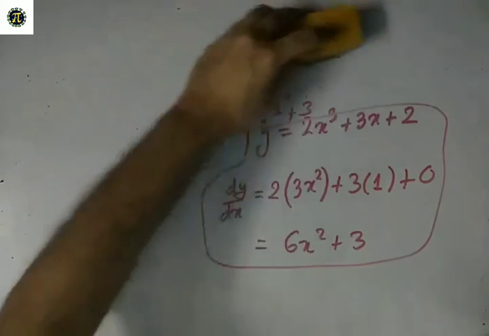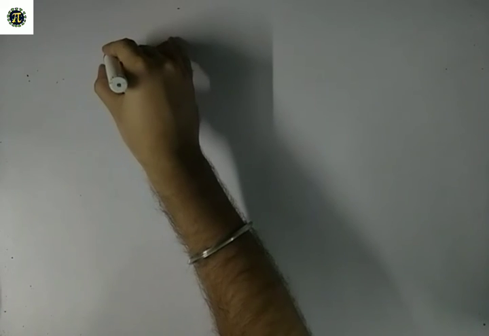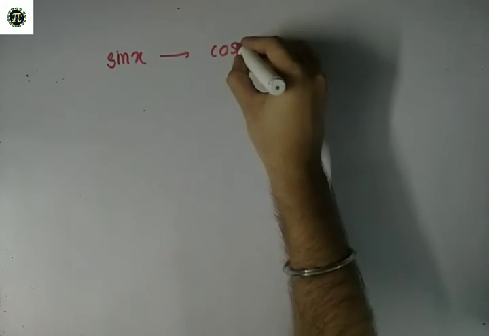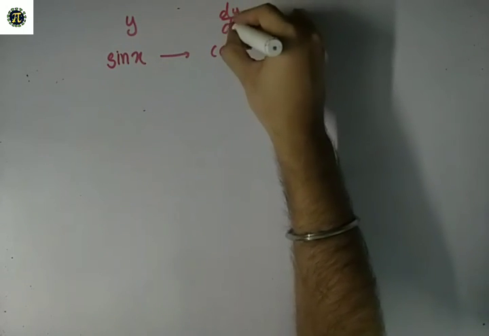Now there are some formulas that you will need to remember for your class 11th. Some of them we will derive in the coming lectures, but right now I will make a list for you of the formulas that you will require. So some of them I already made, plus in addition to those we also require the differentiation of sin x, and that is cos x. So we have a function here and we have the differentiation here.